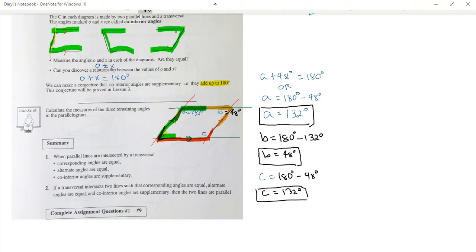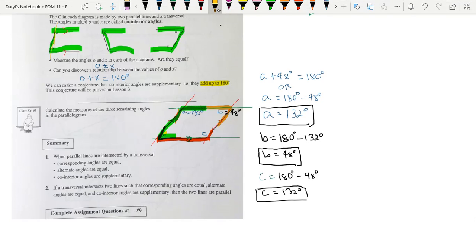So if you can see, this one is the more direct way of getting the different angles A, B, and C using the co-interior angles. But if you can see here, I can use a pattern of Z, right? So the pattern of Z tells me that this particular angle here is just the same thing as your angle A. So this particular angle here is just 180 degrees minus 48 degrees.